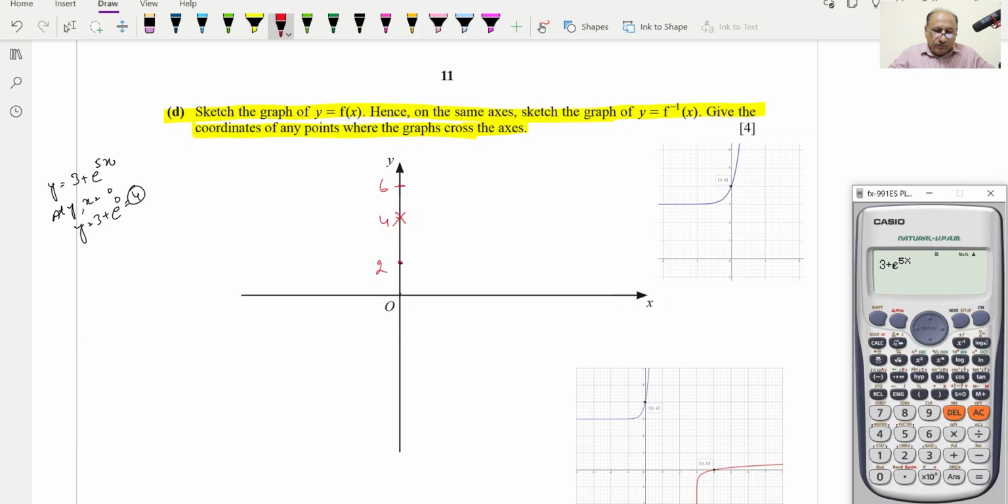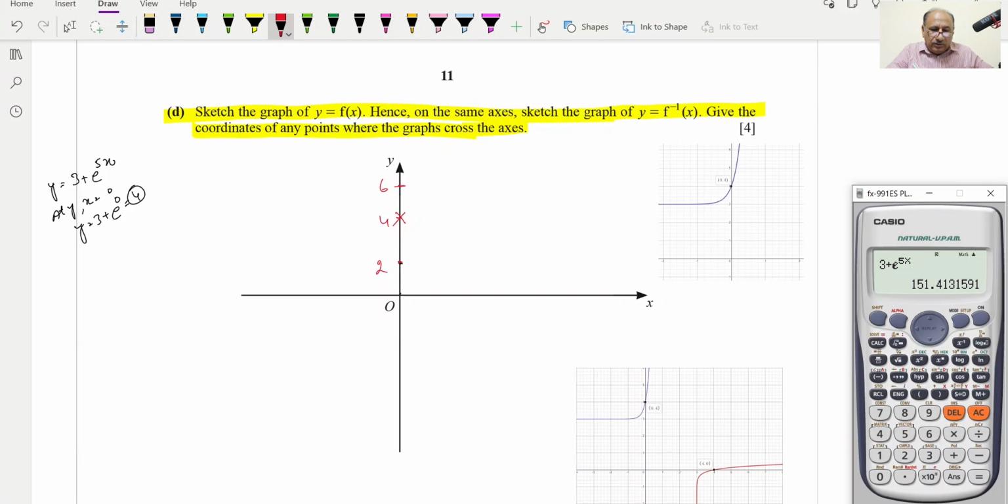Now we want to check at 4, and at 0 it will be 4. For x equal to 1 we can check, and this is giving us 151. So it's going sharply up at 1.